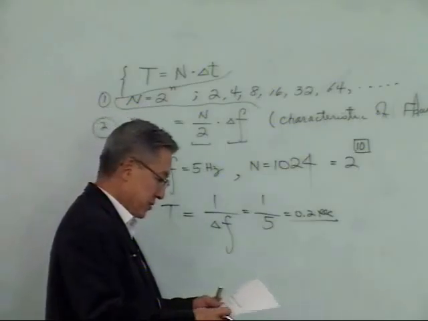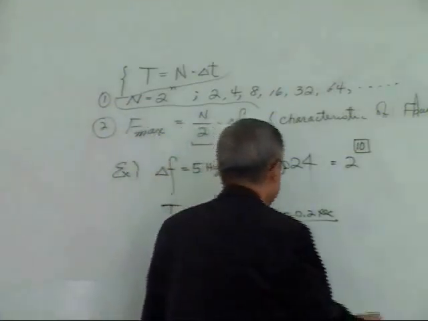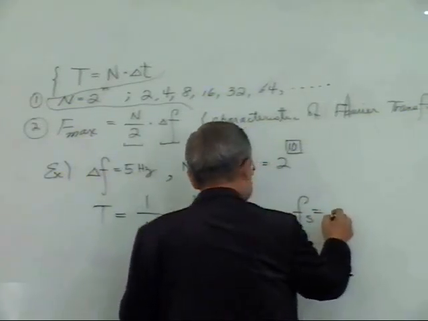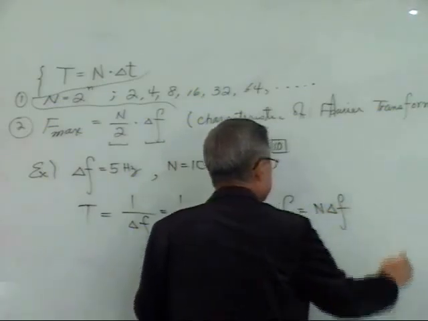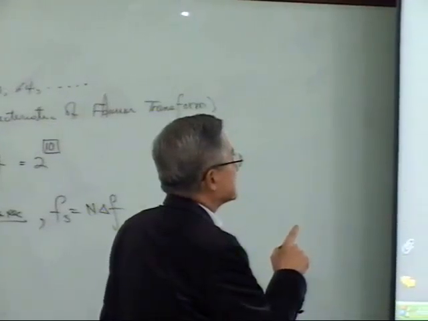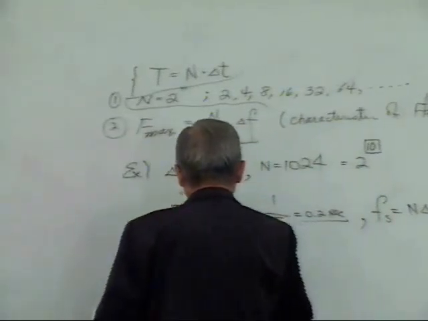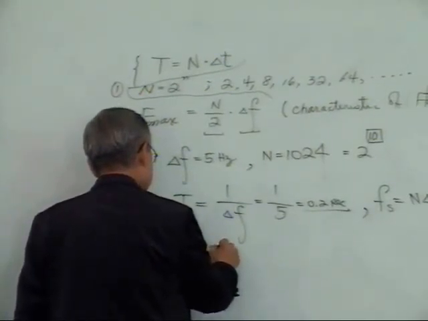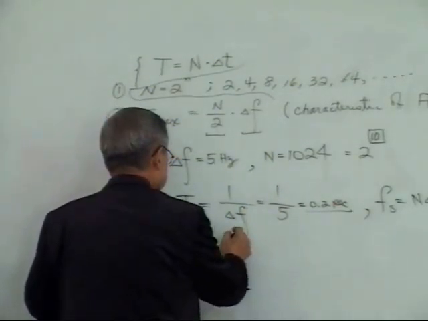What about the sampling frequency, Fs? Fs is n times delta F. Take a look at this there. What about F max, which is half of the Fs?